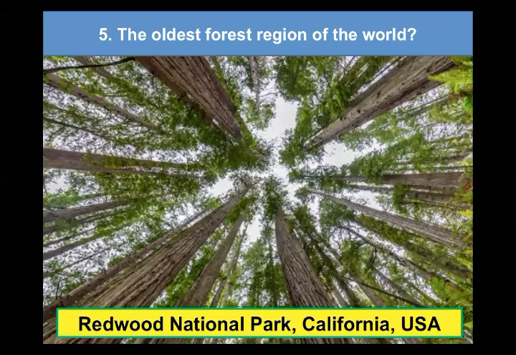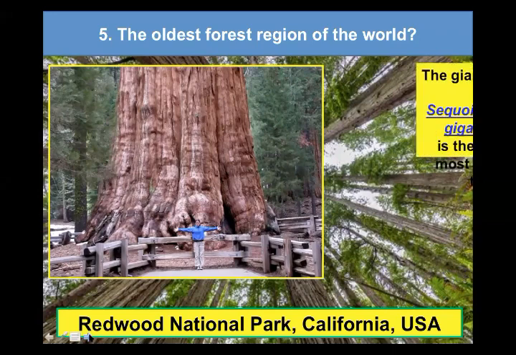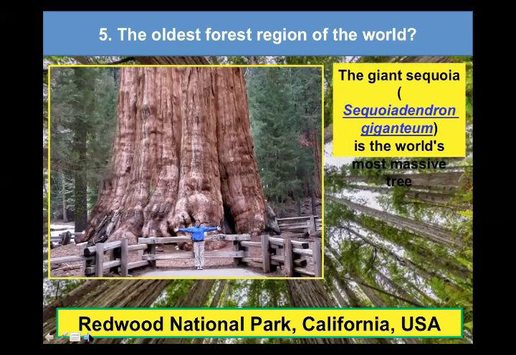Which is the oldest forest region of the world? It is the Redwood National Park of California, in the United States of America. It's considered the oldest forest region of the world because it possesses huge trees, I would say the largest tree of the world, Sequoia giganteum.